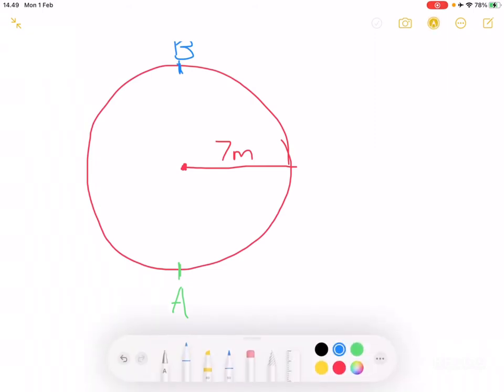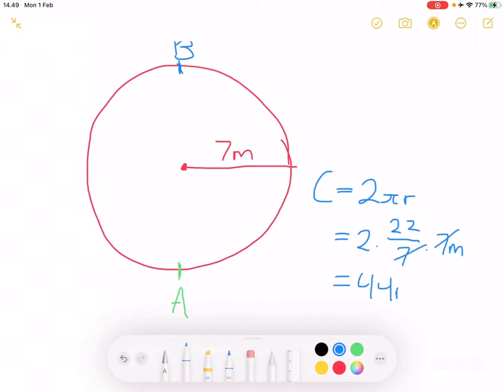Given our formula, circumference is 2 pi r. And we can take pi as 22/7 because we're dealing with a multiple of 7. So 2 times 22/7 multiplied by 7 meters. Notice the 7 and 7 cancel, leaving us with 44 meters.